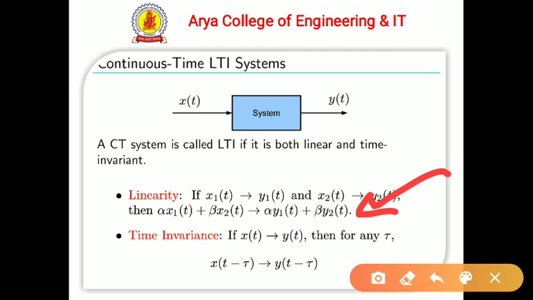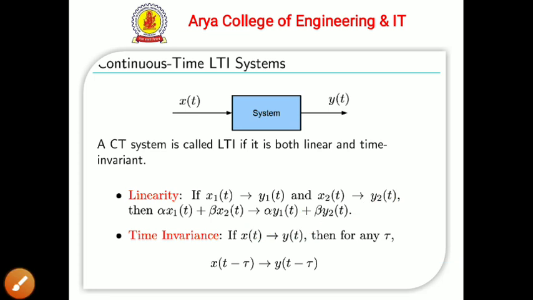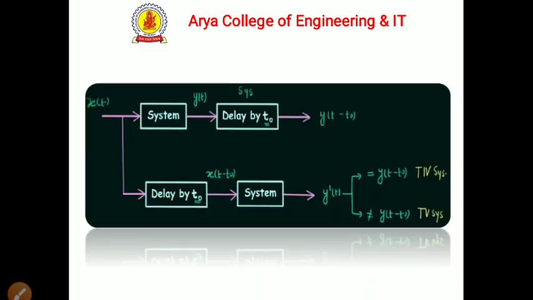If x(t) produces y(t), that means x(t) is input and y(t) is output for that system, then for any delay tau, the system should give the same result, like x of t minus tau generates y of t minus tau. So we have another diagram so that we can easily understand the time invariant system.